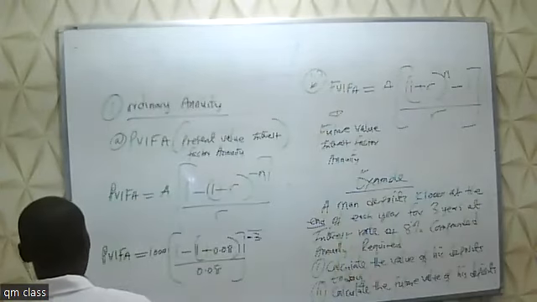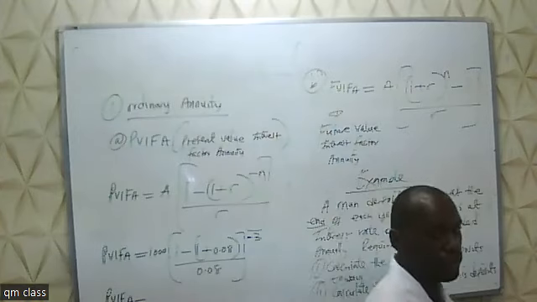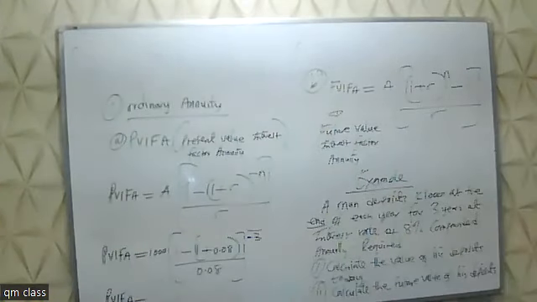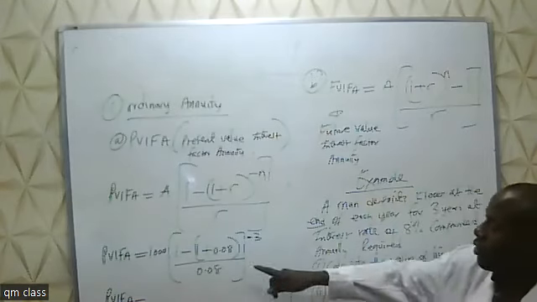Okay, so with the present value interest factor annuity, you can sort out that one and get the required amount that we need. So what we do first, we start with what is in brackets, then we multiply by the amount.